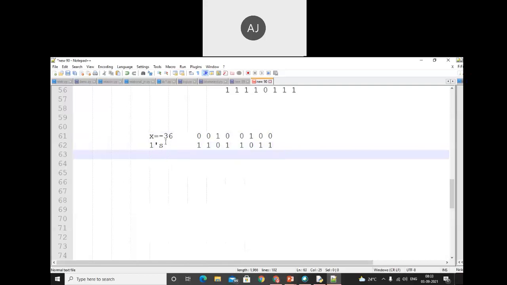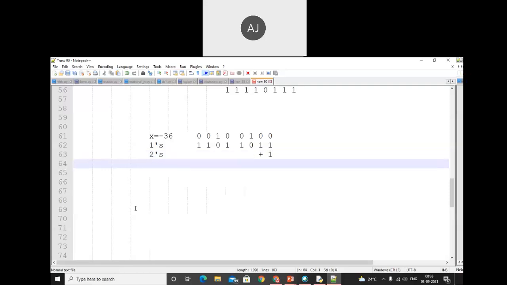So we all know that the negative number will be stored in Python with the help of 2's complement. So here we need to perform 2's complement. Just we need to add one value inside that. So 1 plus 1 we get 0 and carry will be generated over here. So यहाँ एक carry generate हो जाएगा.